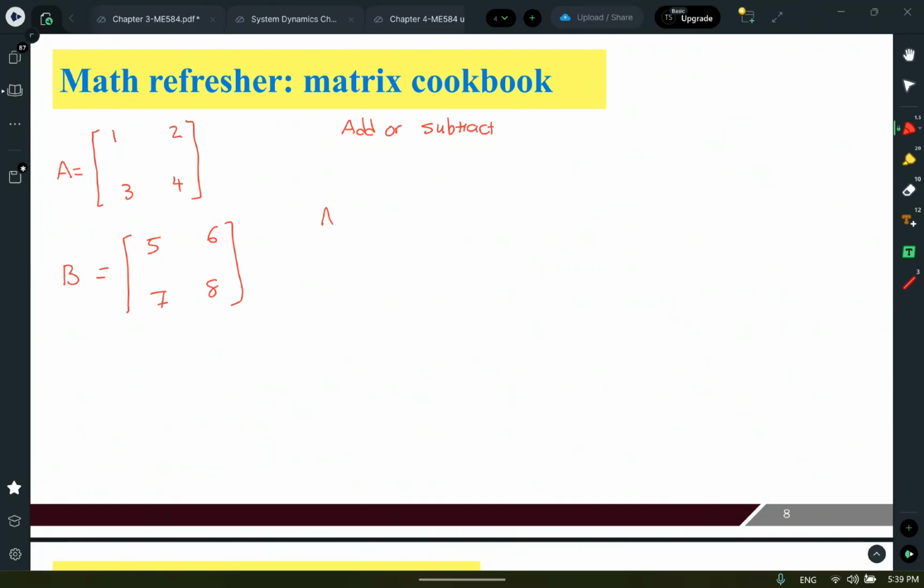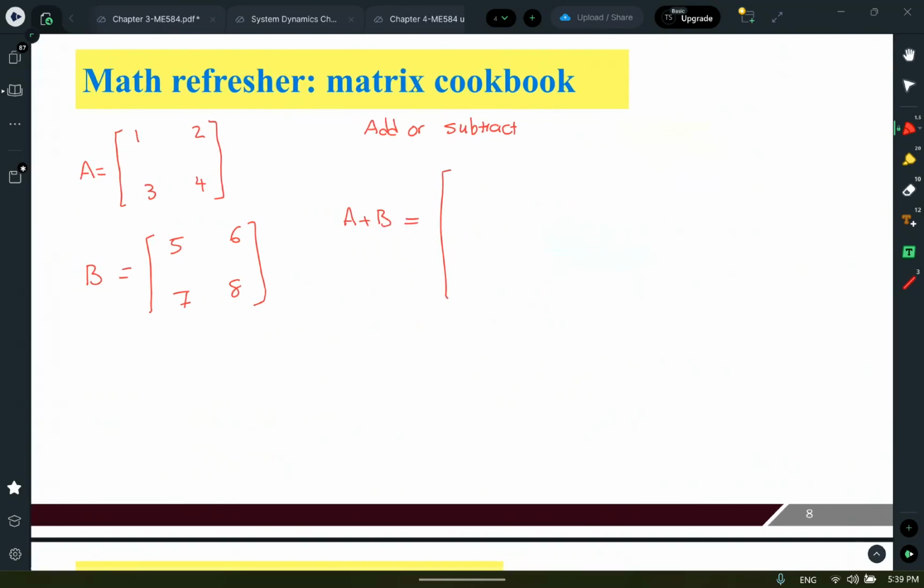If you want to add A and B to each other, then each respective element would be added to the other one. So the respective elements in A and B, 1 and 5, will be added to each other. Then another one is 2 and 6. They're going to be added to each other.